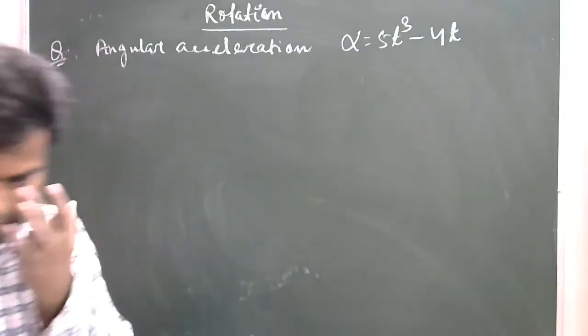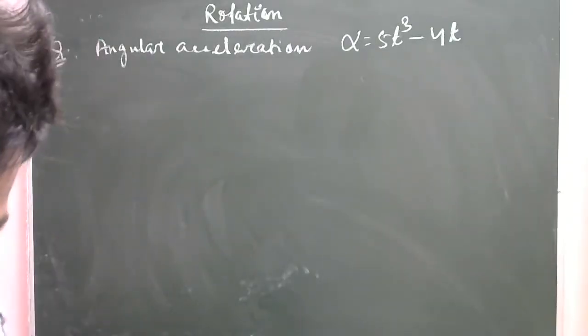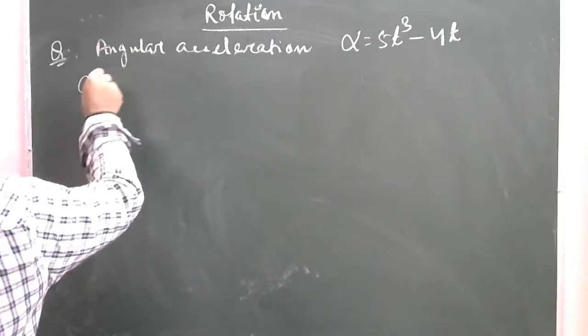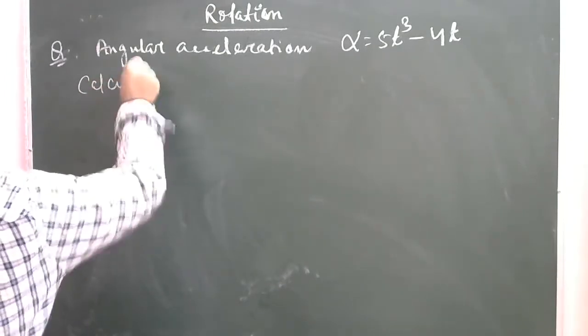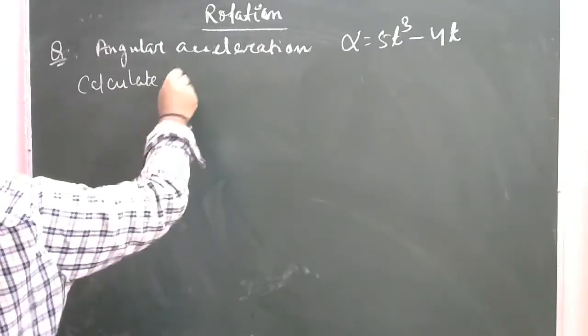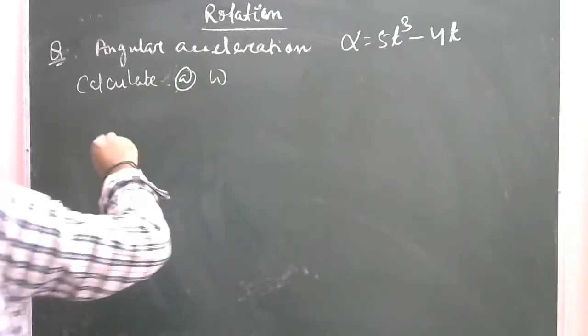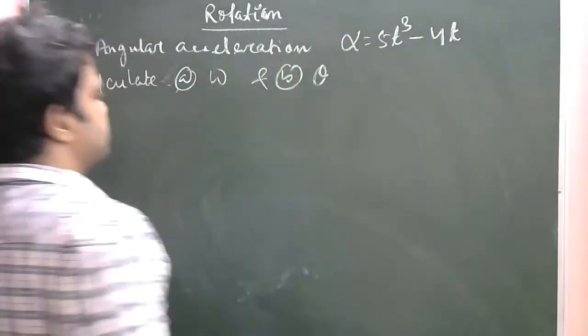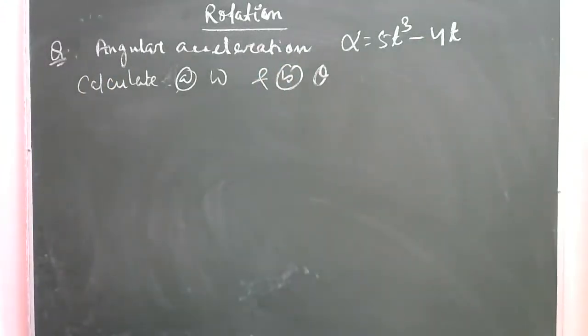The question is, calculate, given the angular acceleration, A, omega, that is angular velocity, and B, theta, the displacement. The condition is also given.